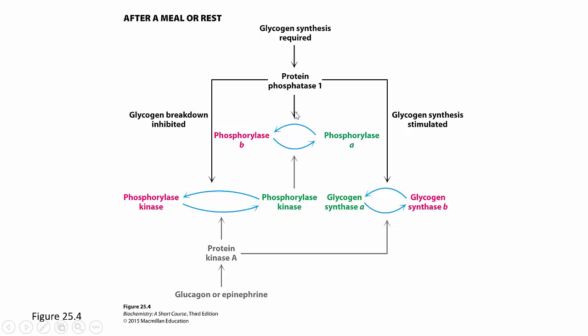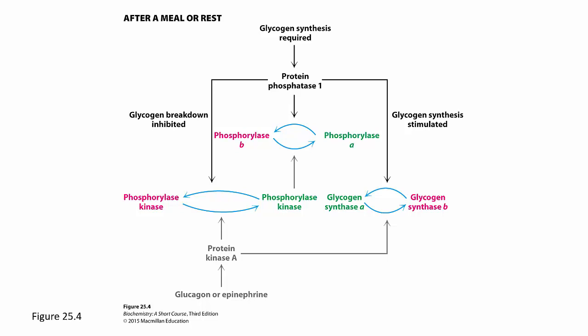So that's the second way in which PP1 plays a role in regulation. The final step is that PP1 can also dephosphorylate phosphorylase kinase. So again, this enzyme is turned on when it's phosphorylated, and when we take off the phosphate group, it's going to be turned off.